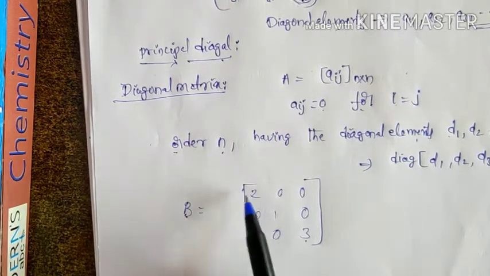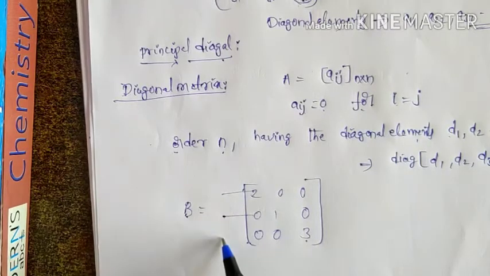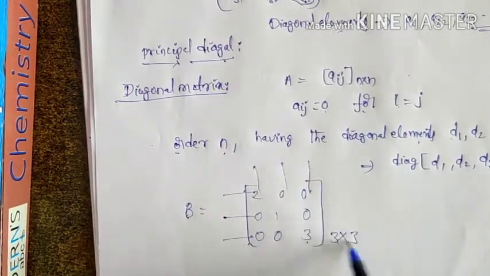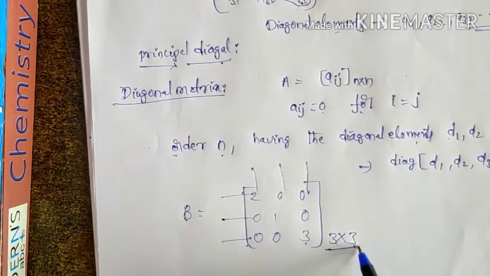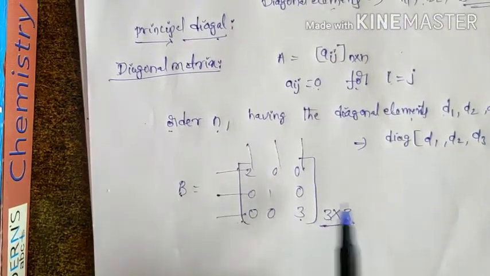So I consider this is one matrix. Now check this is the square matrix or not. So how many rows are there? 3 rows. How many columns are there? 3 columns. So this is a 3 by 3 matrix. It is a square matrix because the number of rows and number of columns are equal, right? That's why it is a square matrix.